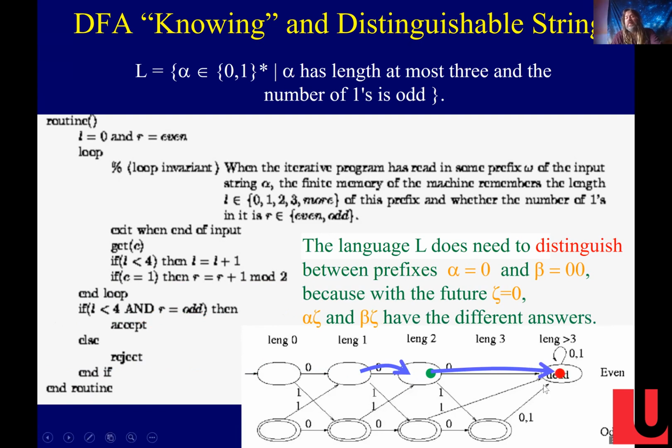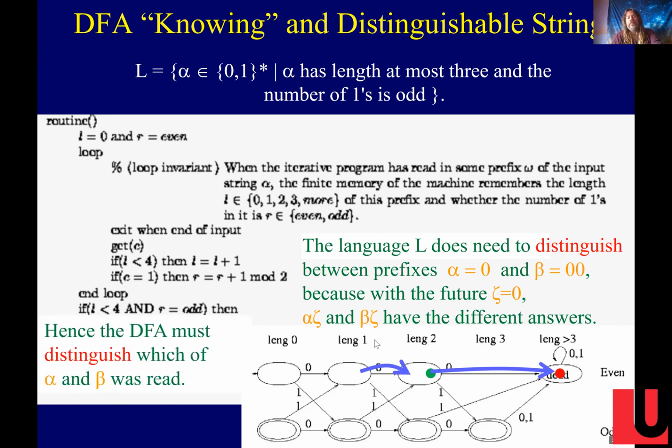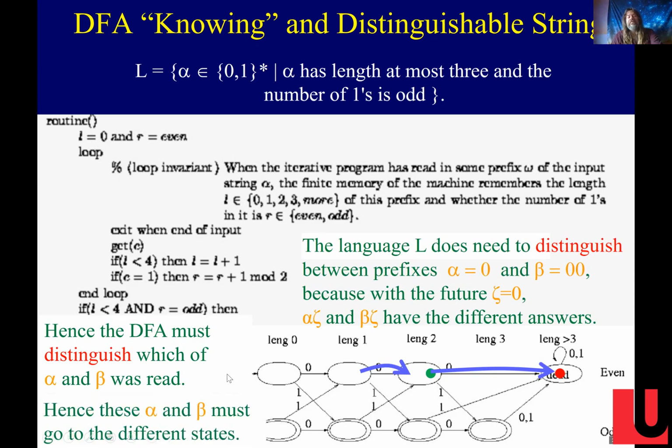Now this one's dead, and this one is still a yes answer. So alpha followed by zeta and beta followed by zeta have different answers, and hence the DFA must distinguish them by giving them different states. Does that make sense?